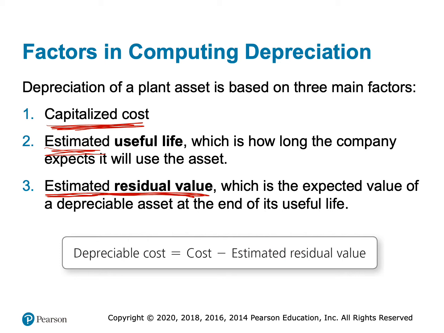You will also hear residual value called salvage value, resale value, trade-in value. All of those terms are used interchangeably. Now, what we call the depreciable cost is the cost minus the estimated residual value, that capitalized cost minus the residual value. This is how much of the asset we are expecting to use. In other words, this is how much we are expecting to depreciate the asset by.